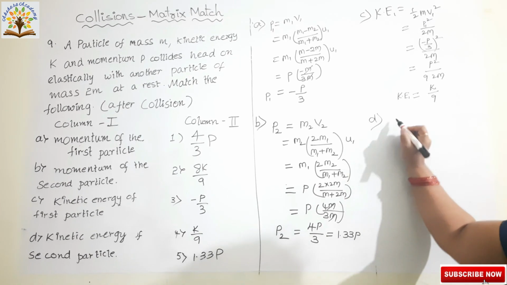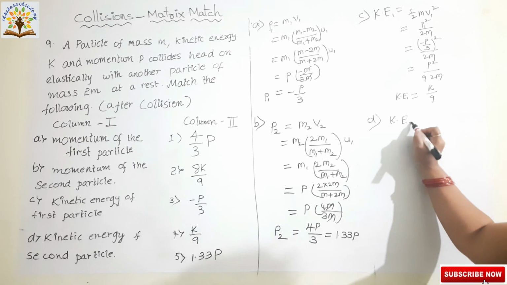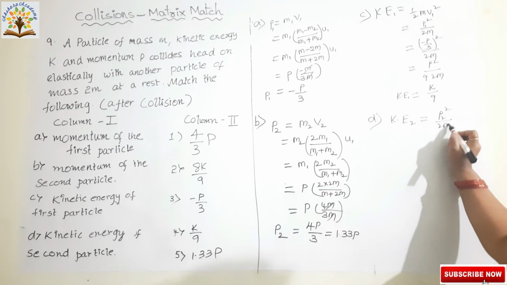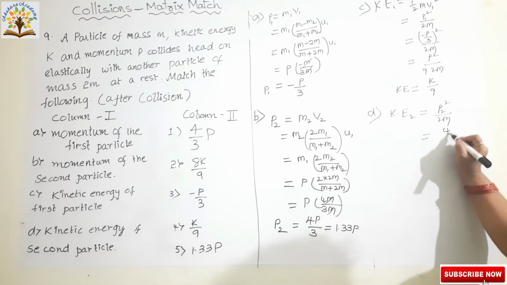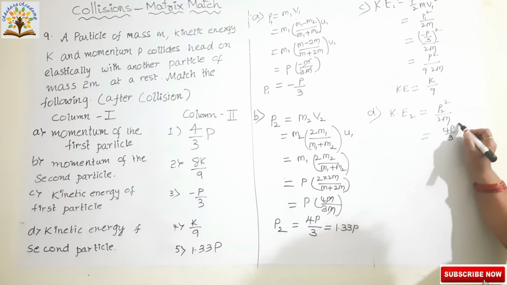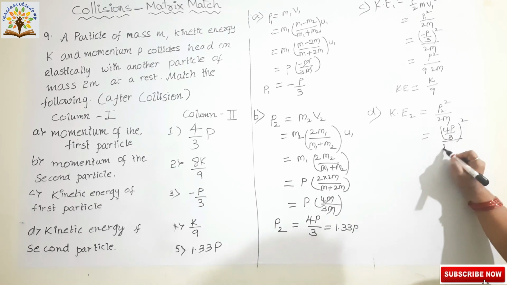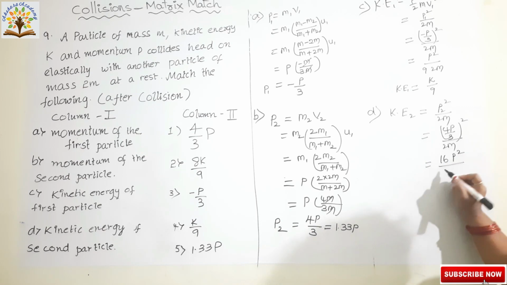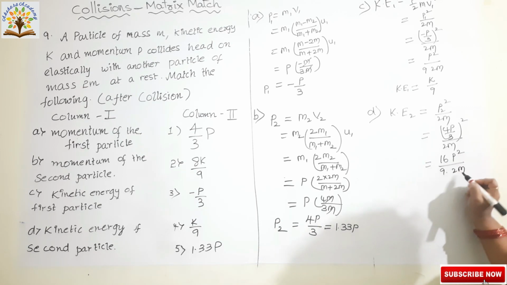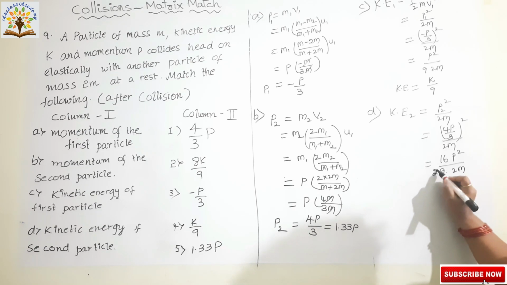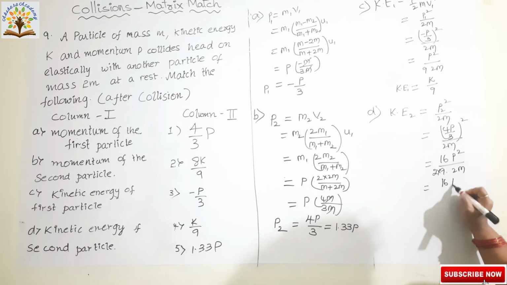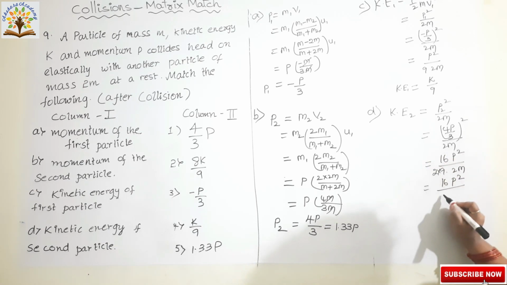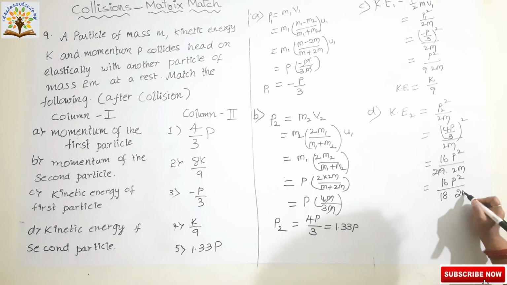Now the kinetic energy of the second particle is equal to p2 square by 2m. What is p2? 4p by 3, whole square by 2m, that is equal to 16 p square by 9 into 2m. 16 p square by 9 into 2m.